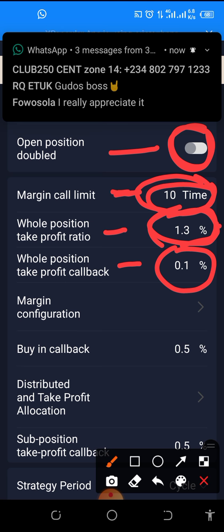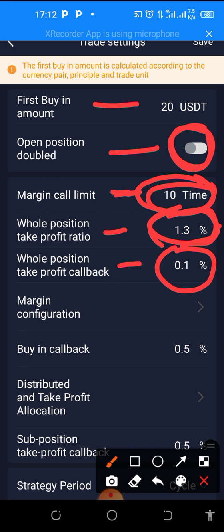But at any turn when the price drops by 0.1%, it immediately takes your profit for you. So that is the whole position take profit callback: when there's a callback of 0.1% from a slight upward movement, it quickly takes your profit for you.